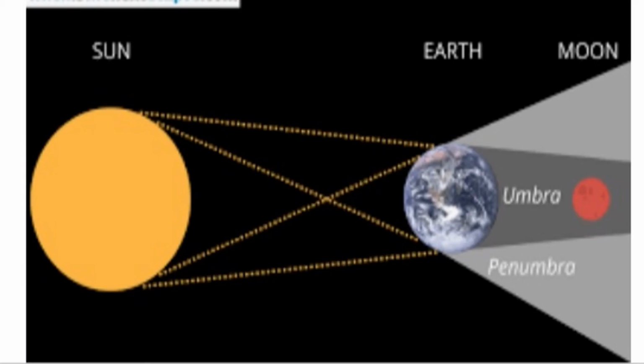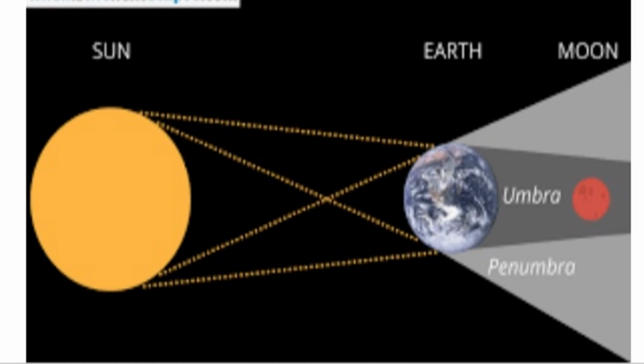A lunar eclipse occurs when the moon comes into the earth's shadow. Children, here you can see that the earth is in the middle and the earth is shadowing the moon.